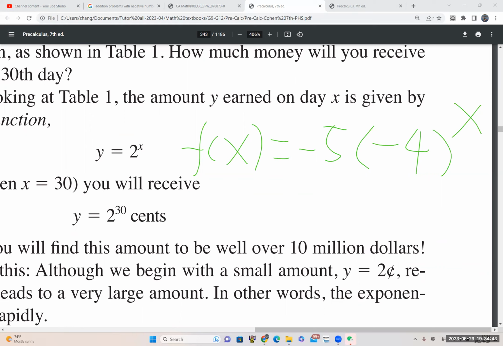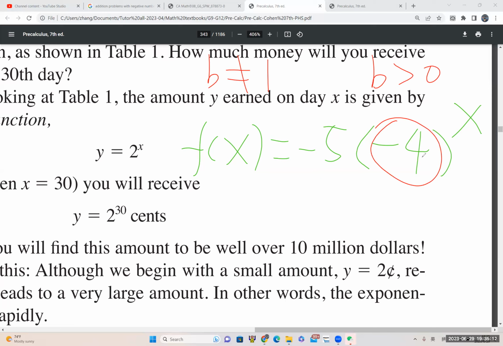Yeah, okay. If you go to the definition of an exponential function, we require the base to be greater than 0 and cannot be 1. Because if the base is a negative number, it's very complicated, so we don't call it an exponential function.